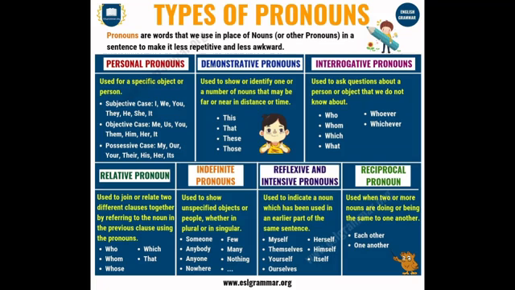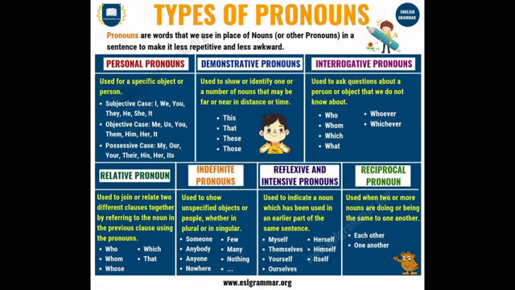Now, we are going to see the types of pronouns. Now let's see what the different types of pronouns are. The different types of pronouns are the personal pronoun, used for a specific object or person, like I, you, we, me.